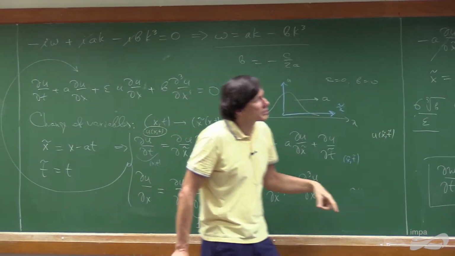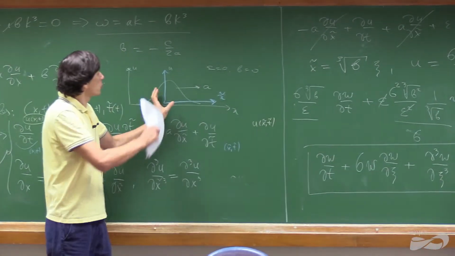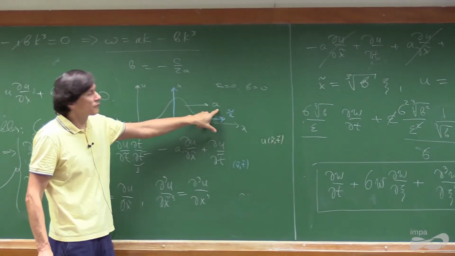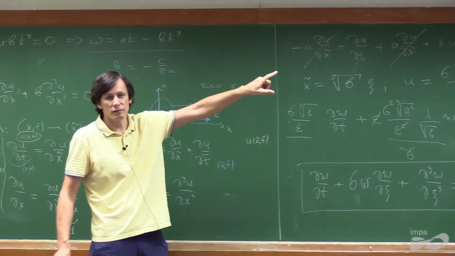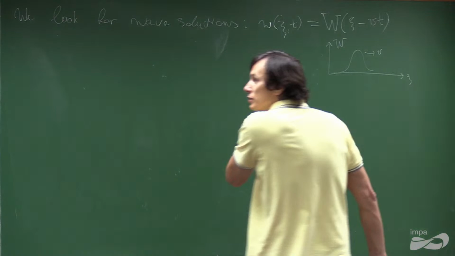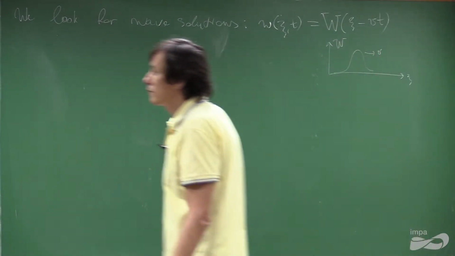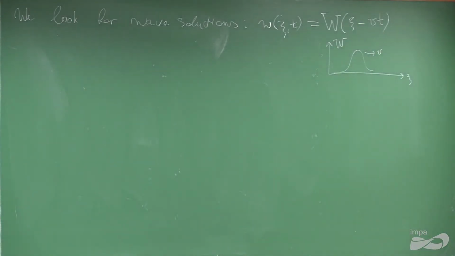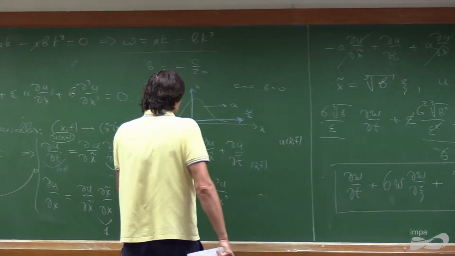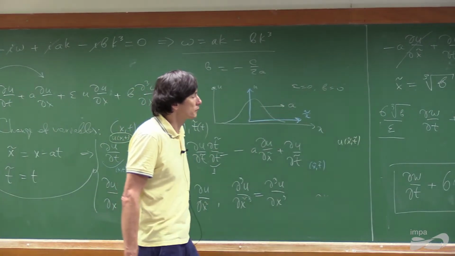So what we say is that whenever you add these two terms, it will still be a wave, but not exactly moving with the speed a, but with some correction v, a plus v, multiplied by this, because we rescaled x. Okay, so because if this equation has a wave solution, there is no reason for it to have exactly the sound speed.